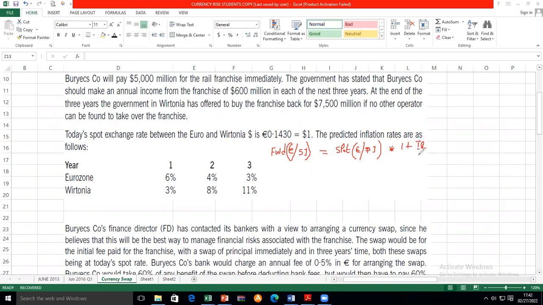What will go on top? The euro inflation rate. Yes, the euro inflation rate is what will go on top here. And what will come down here? The dollar.